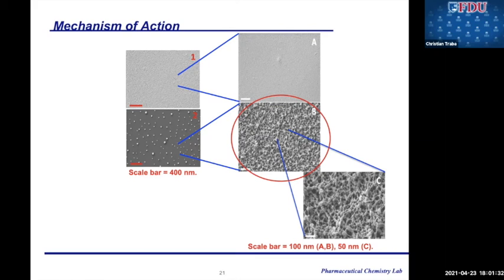Image B is a magnified image of image 2, and the scale bar for images A and B is 100 nanometers. Image C is an even more magnified image of image B, and the scale bar is 50 nanometers.